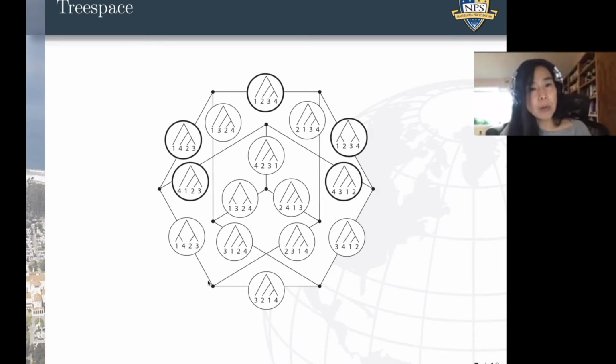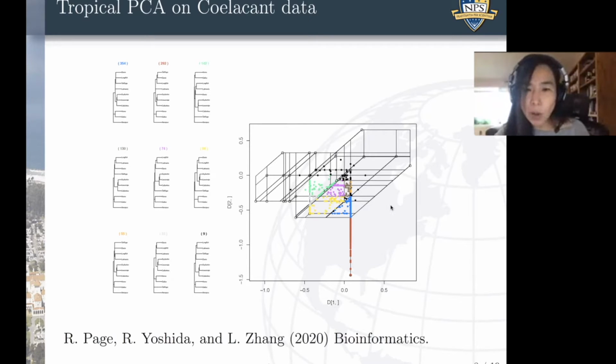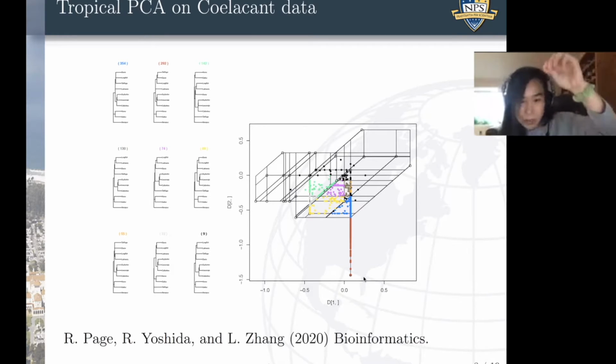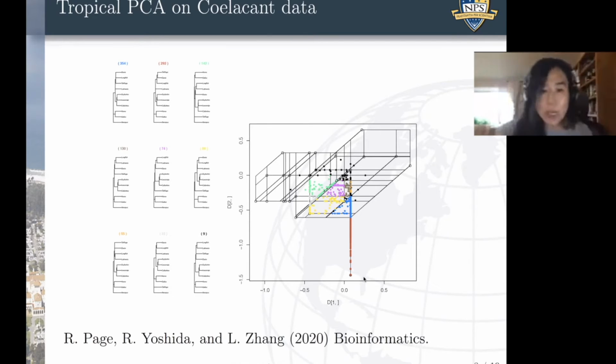Here is a tropical triangle with 3 vertices. Those 3 vertices are the vectors representing trees, so they are in the space of phylogenetic trees, and we take the tropical convex hull of those vertices.